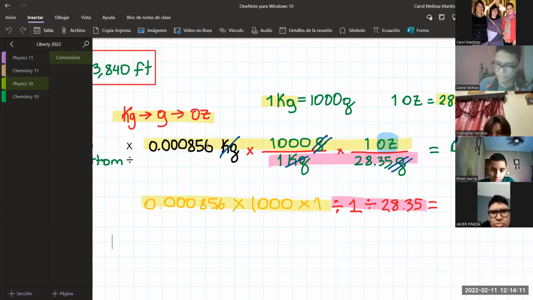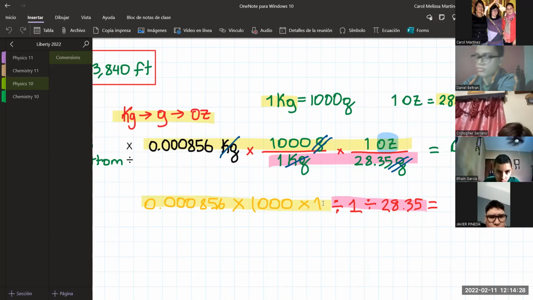In what units is this? What is a unit that I didn't cancel? Ounces. Ounces, okay? So this will be 0.30 ounces. Since this is my last answer, I'm gonna put it in a box.